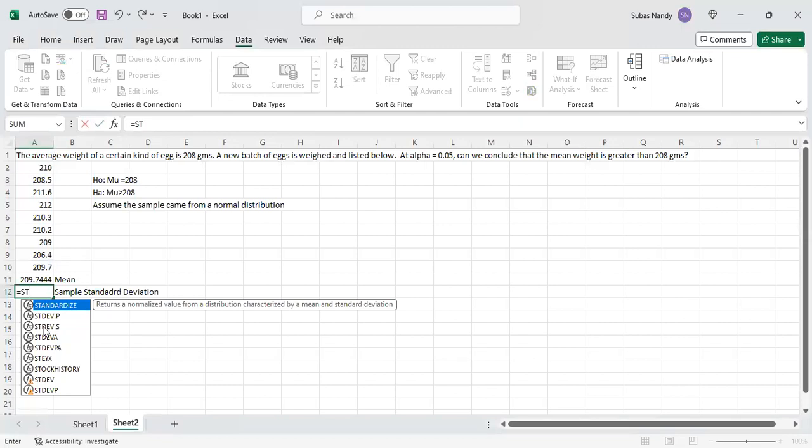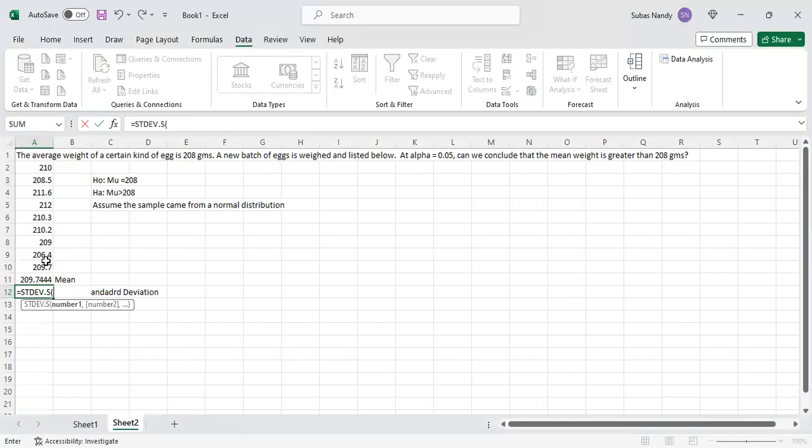Remember, the formulas for sample and population standard deviations are different. In sample standard deviation, in the denominator, we divide by n minus 1, sample size minus 1. Hence, I select STDEV.S, and then I will highlight from A2 to A10 and hit enter. So that's your sample standard deviation.